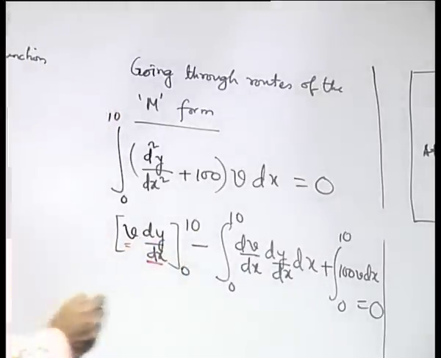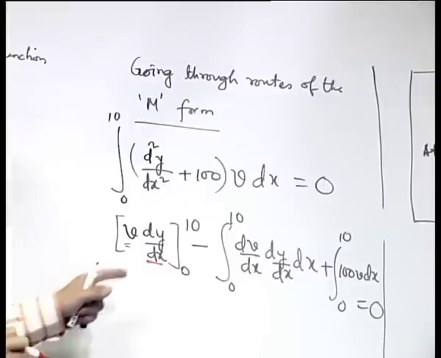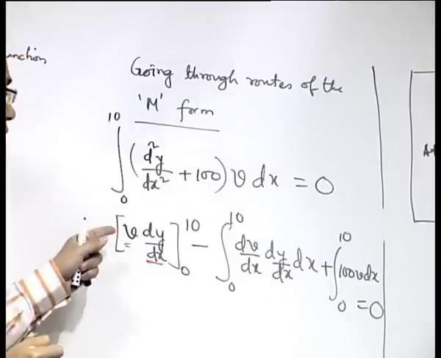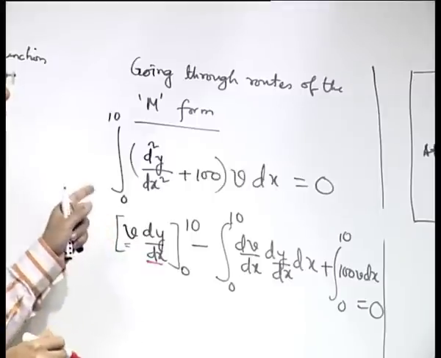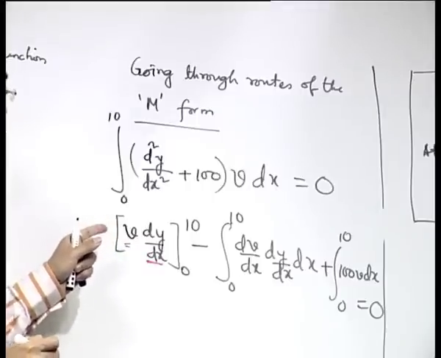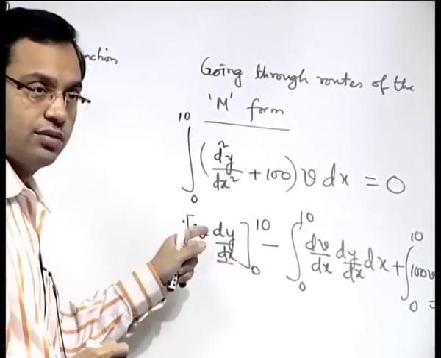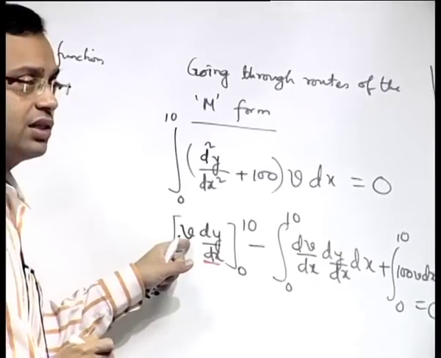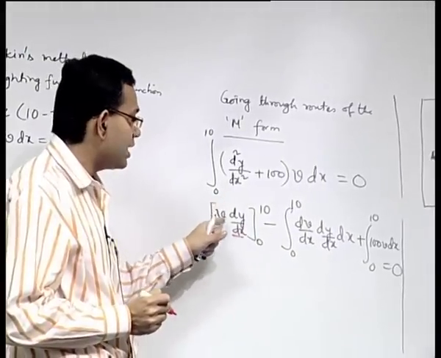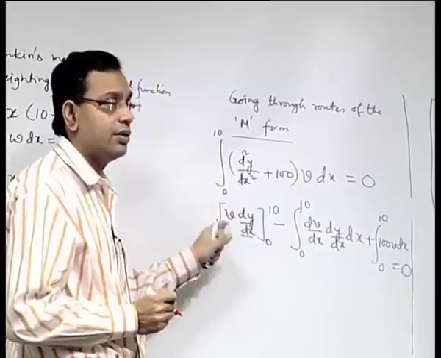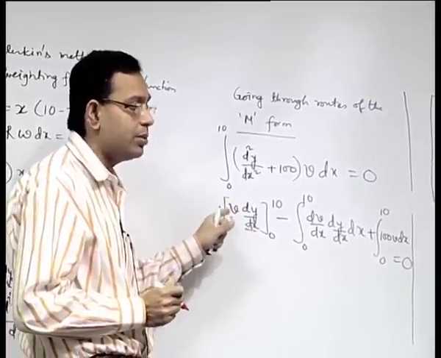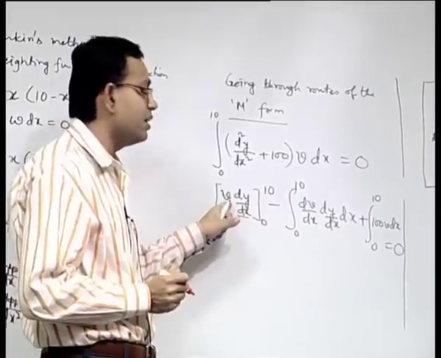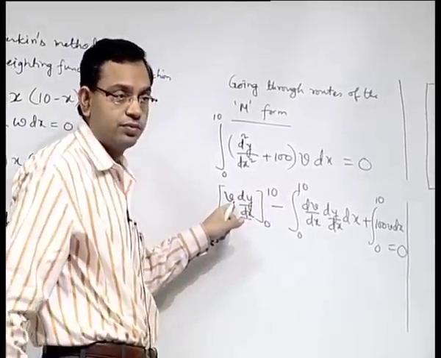Now, let us try to answer some questions. What is the variable on which you are giving the essential boundary condition? It is y, because V is variation of y. So, that is called the primary variable. Primary variable is the variable on which you are giving the variation in the boundary term.